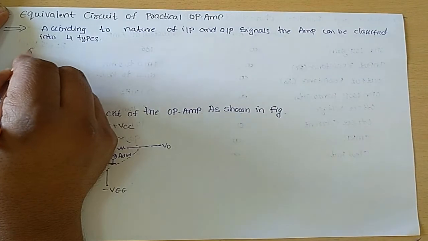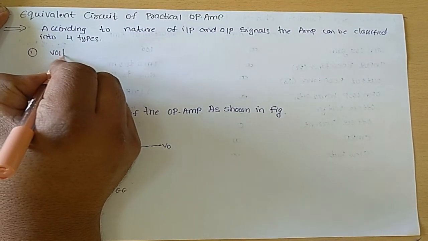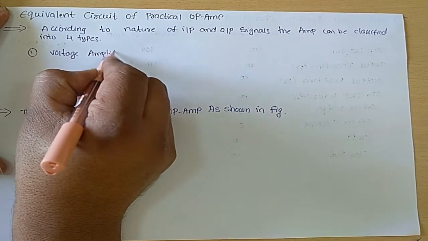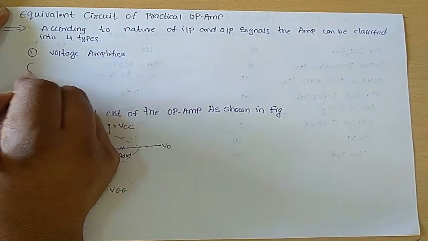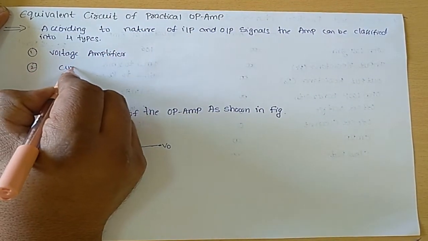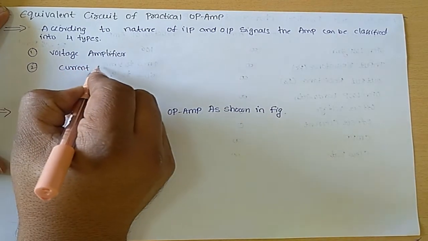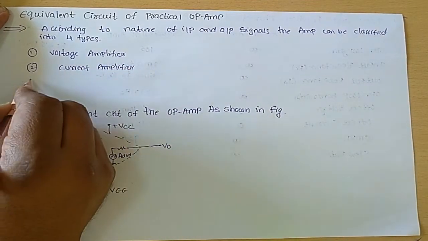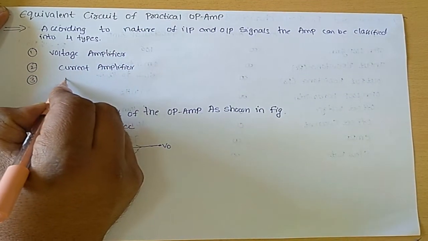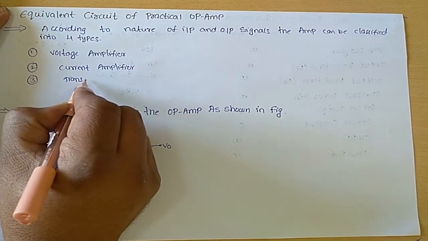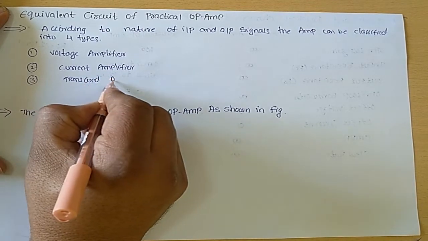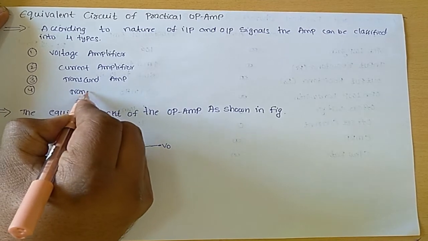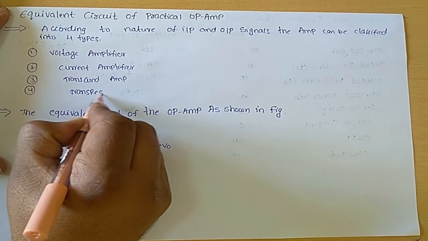The first one is the voltage amplifier. The second one is the current amplifier. The third one is the transconductance amplifier, and the fourth one is the transresistance amplifier.